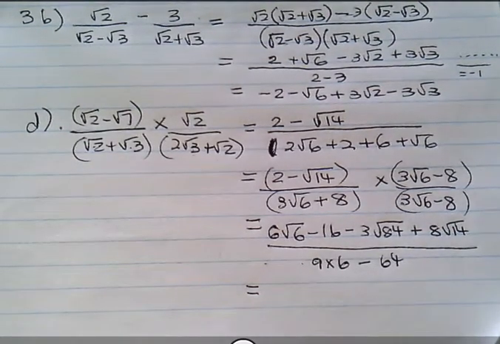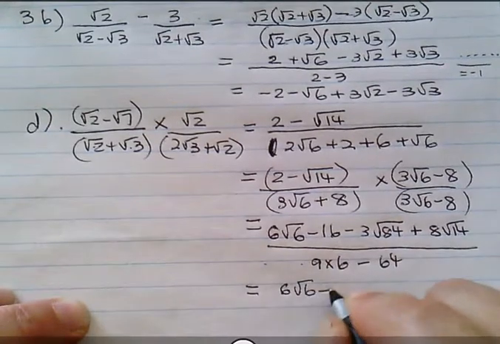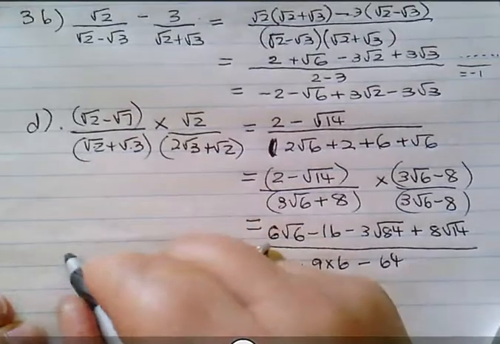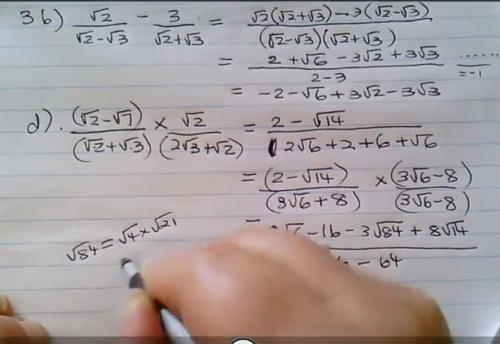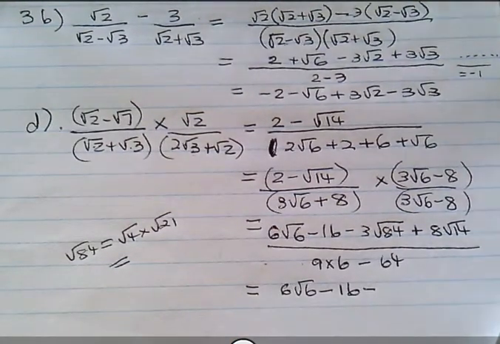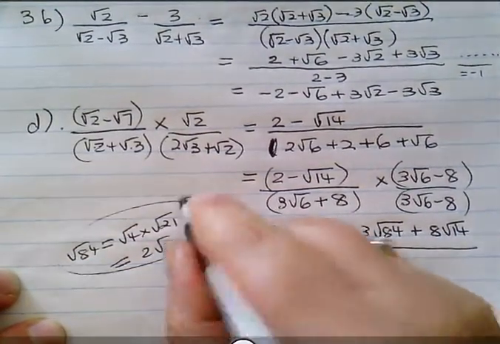That's it. So it's 6 root 6 minus 16 minus, now square root of 84, just over here, is the square root of 4 times the square root of 21. See, 21's okay, it doesn't have any square numbers that go into 21, only 3 and 7 go into 21. So that's 2 root 21, all right?